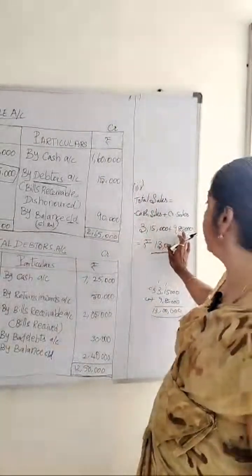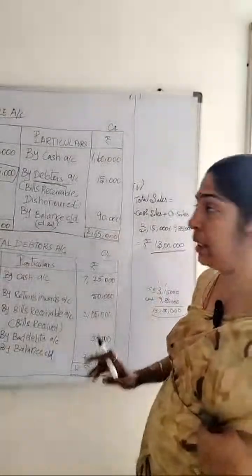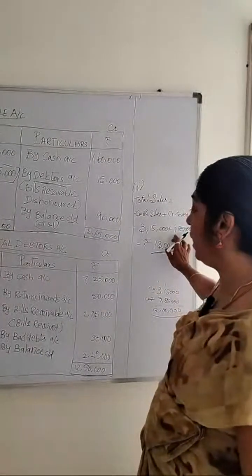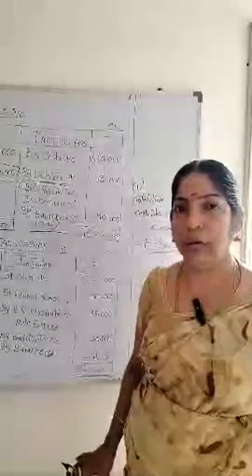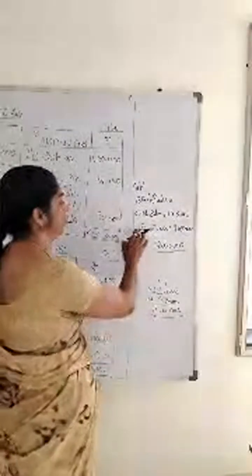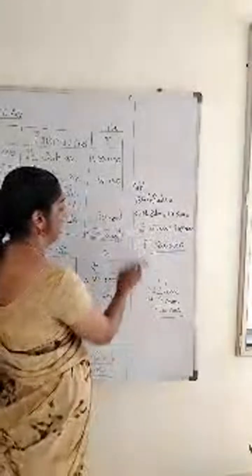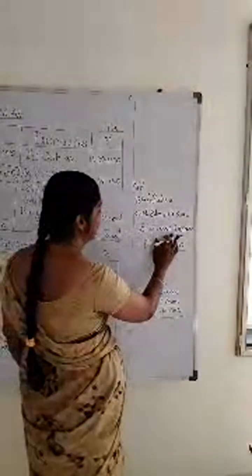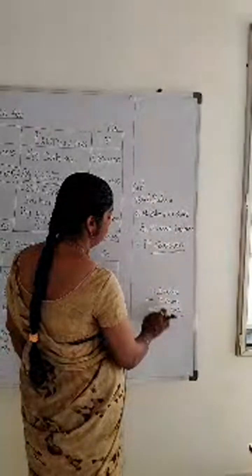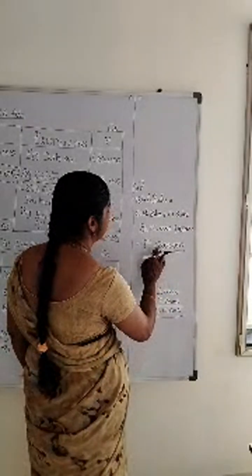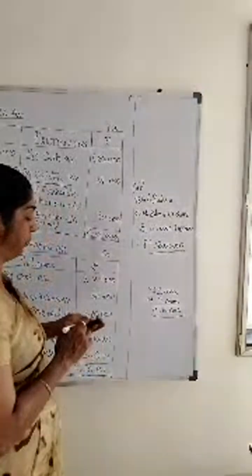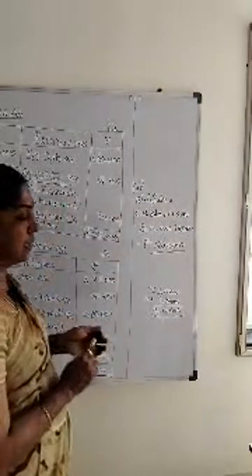Where did you take that 9,85,000 rupees from? We took that 9,85,000 rupees from the debtors account. Got it? So what do we have to do? We are going to sum up these two values. 3,15,000 rupees plus 9,85,000, you will get together 13 lakh rupees. This is the total sales.